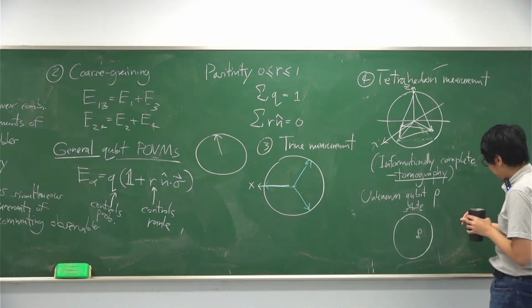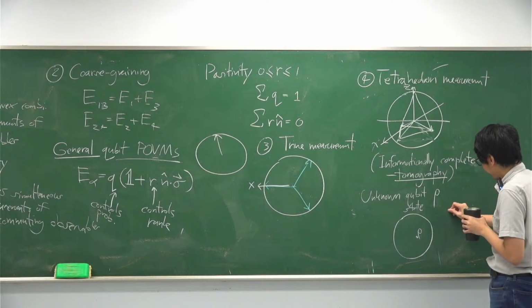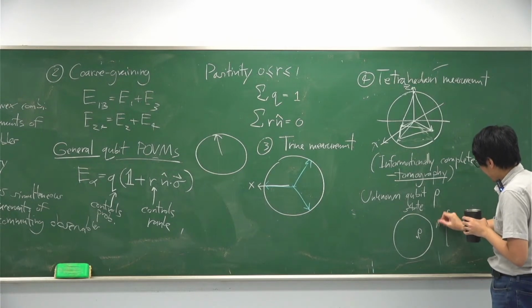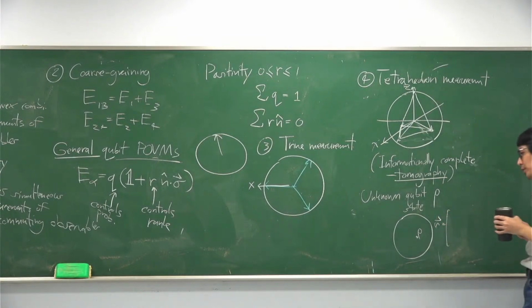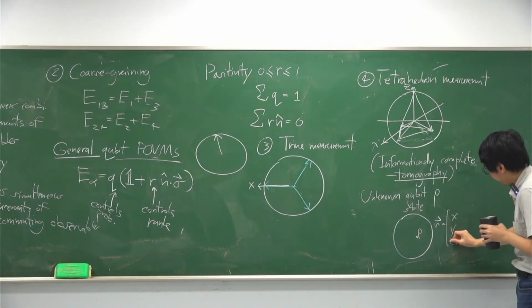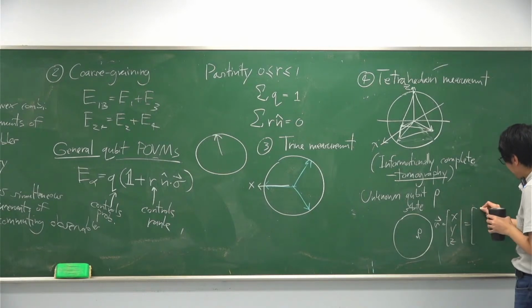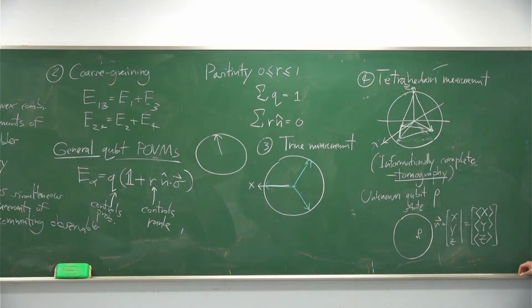And it turns out, we already know that the coordinates of n, well, here it doesn't have to be a unit vector, right? These coordinates are exactly the expectation values of sigma x, y, and z. And so we need all 3 of them.